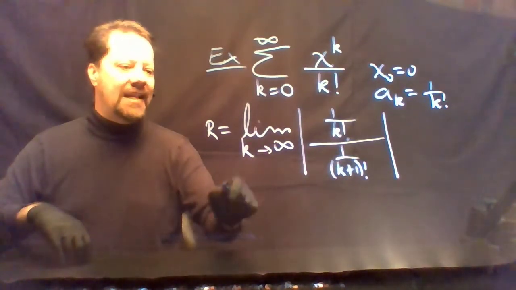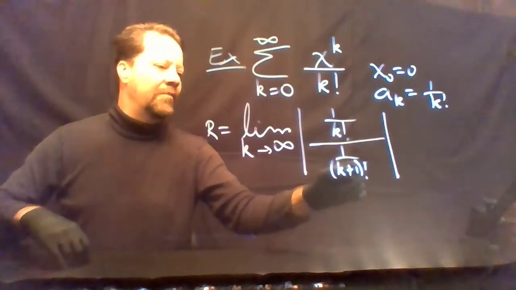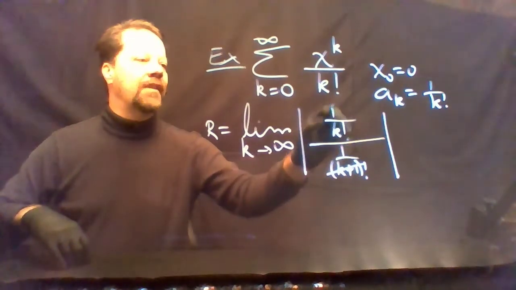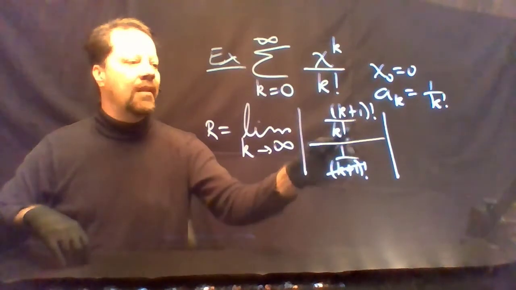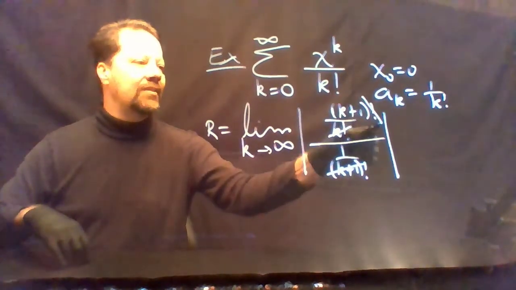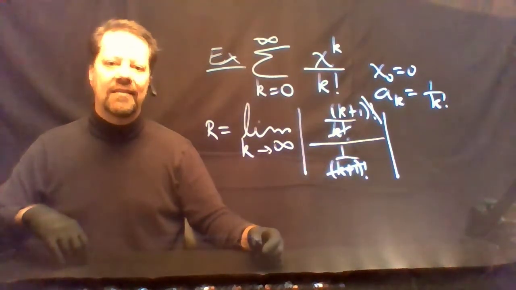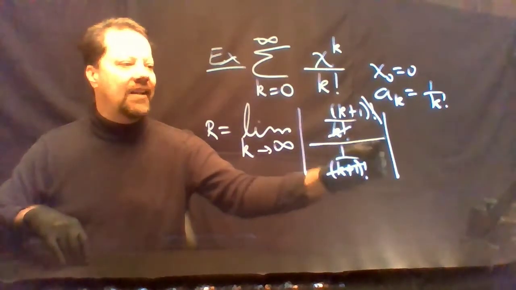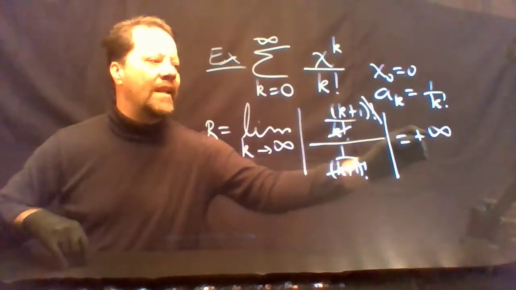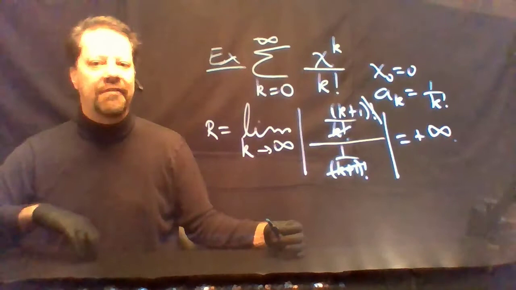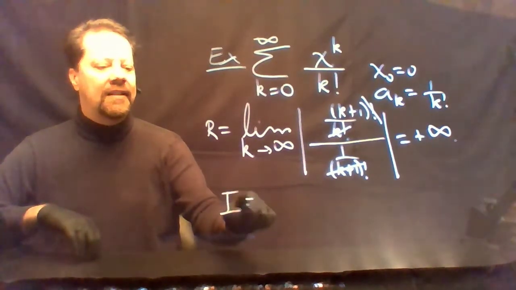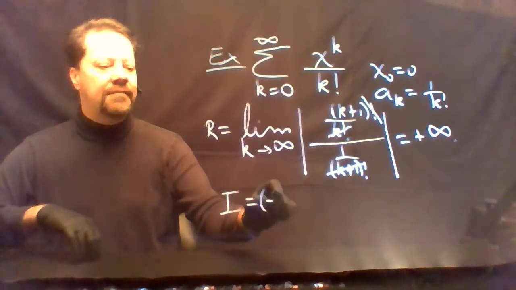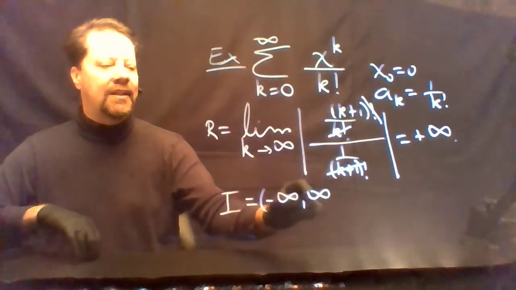As you can see, this fraction will invert and multiply, giving you a k plus 1 factorial here. Factorials cancel in this way. In the limit as k goes to infinity, the radius of convergence is positive infinity. It follows immediately that the interval of convergence is the entire real line.